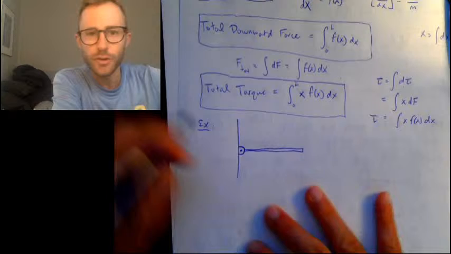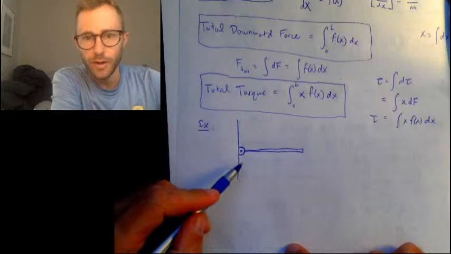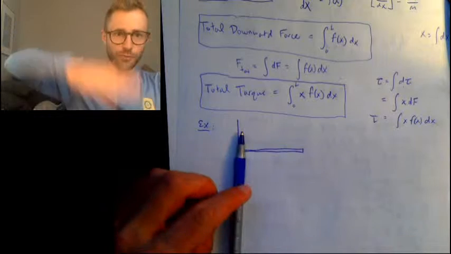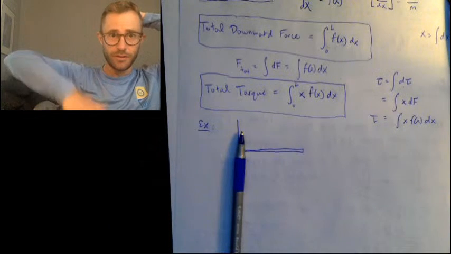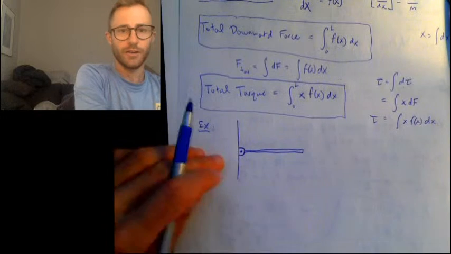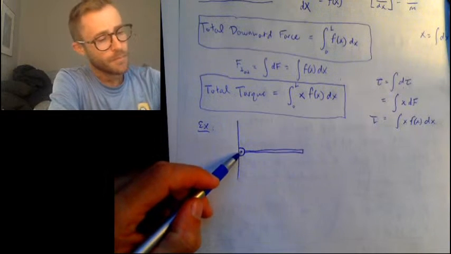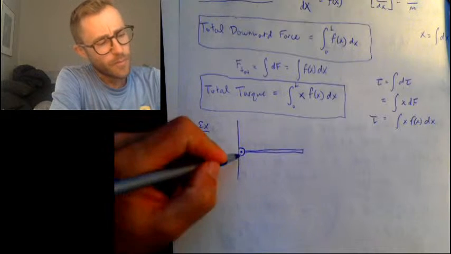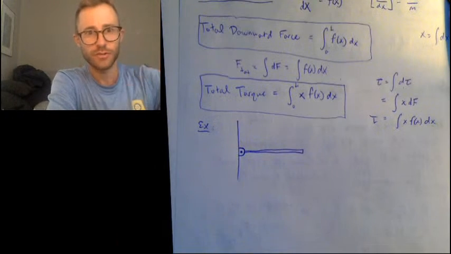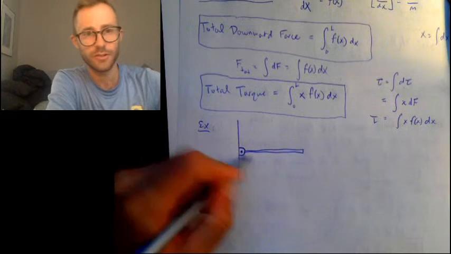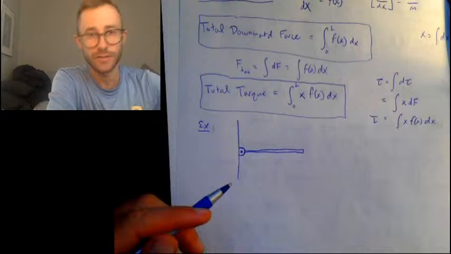If you look at the way this beam is attached, it's pinned. Because it is pinned, it is free to rotate about that end. It can swing down, it can swing up. But the end of the beam can't move, it can't translate. Because of this pin, it's allowed to rotate freely, but not translate.